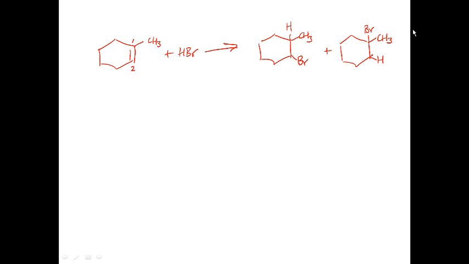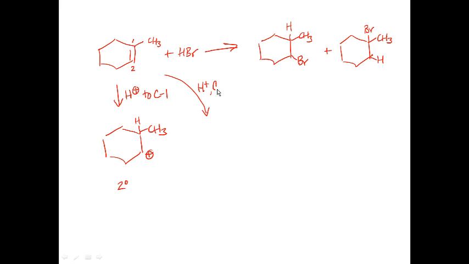Okay, and that's how we would draw out the products if that's all I asked. If all I asked you was, hey, write the products of the reaction, this is what you do. You wouldn't have to go through a mechanism. But if we had to go through the mechanism, what two carbocations would I form? Well, adding the H plus to carbon 1 gives me a secondary carbocation, and adding the H plus to carbon 2 would give me a tertiary carbocation.